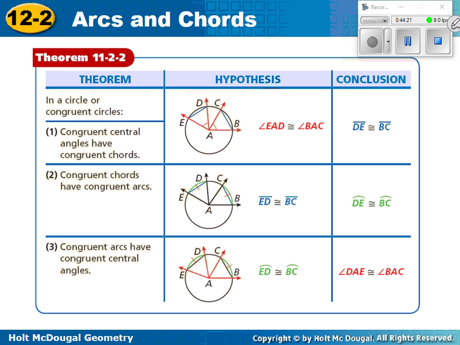And it does not matter which direction that you go. So if they tell you the angles are congruent, you're going to know that the arcs and the chords are congruent. If they tell you the chords are congruent, you're going to know that the arcs and the angles are congruent.